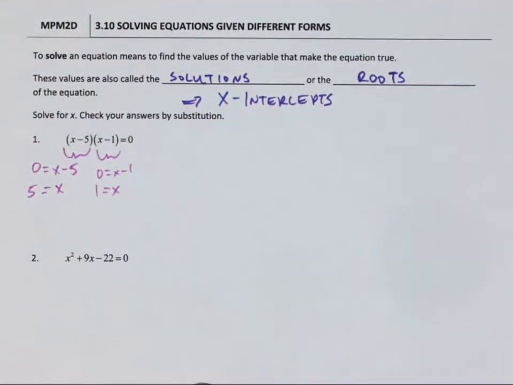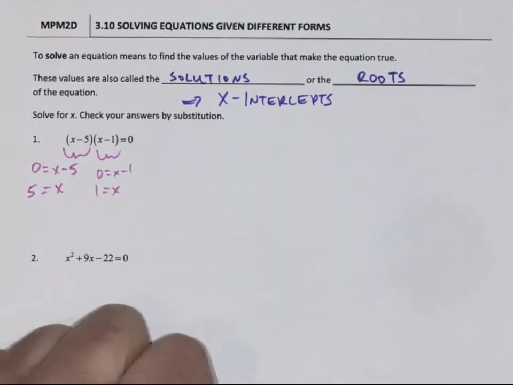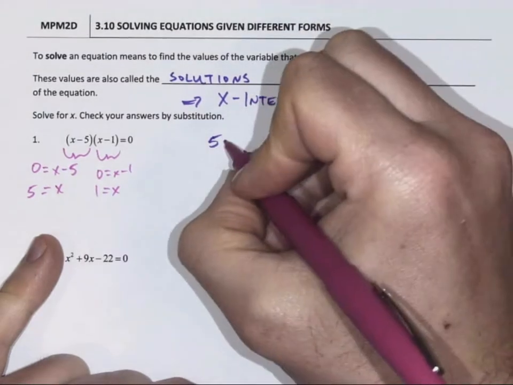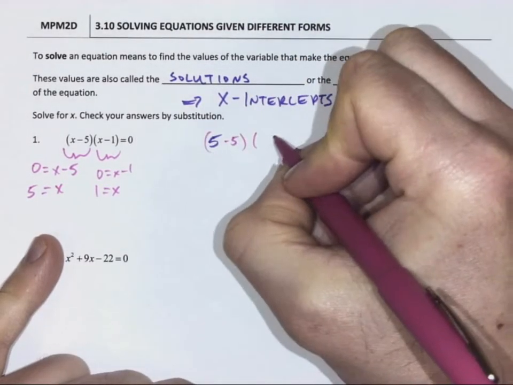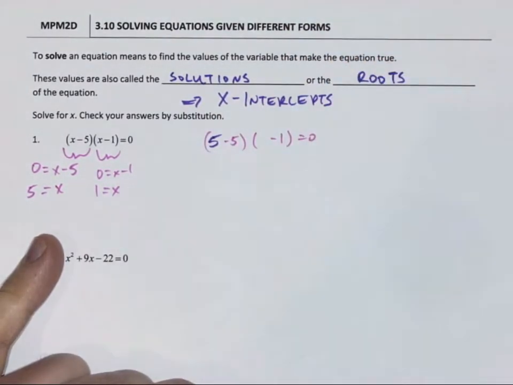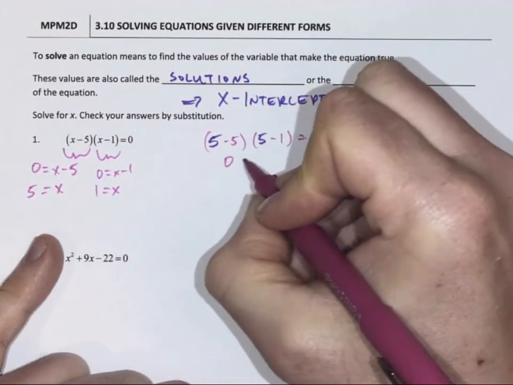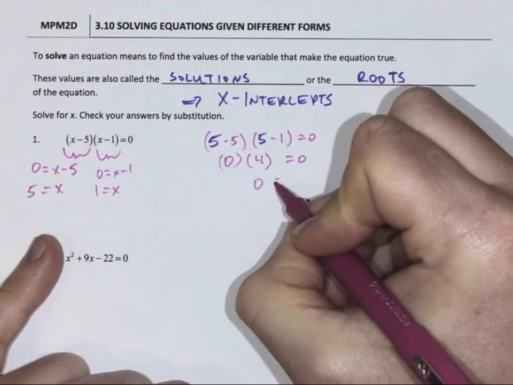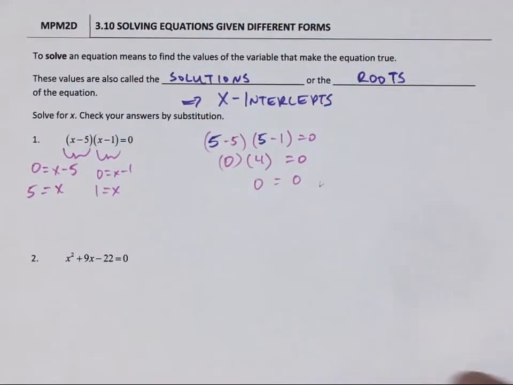It's in factored form. To check if we're correct, we're going to sub it back in. So when x equals 5, 5 minus 5 is 0. 0 times 4 does in fact equal 0. Nice.